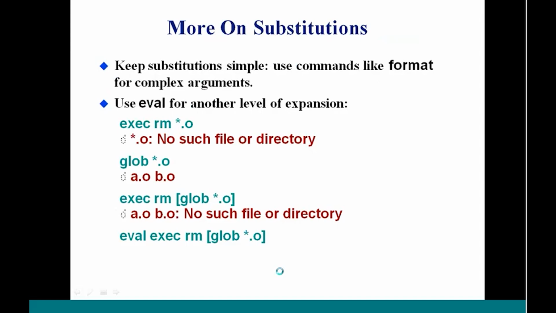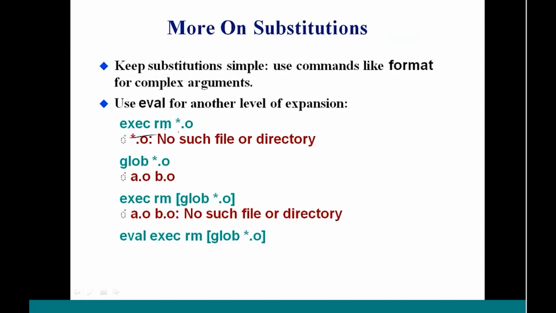So now let's look at some more substitutions. Here we can use eval for another level of expansion. And then we can also use commands like format for complex arguments.